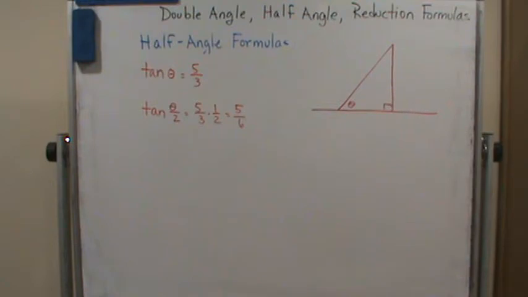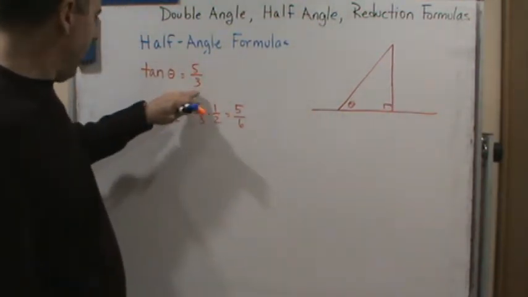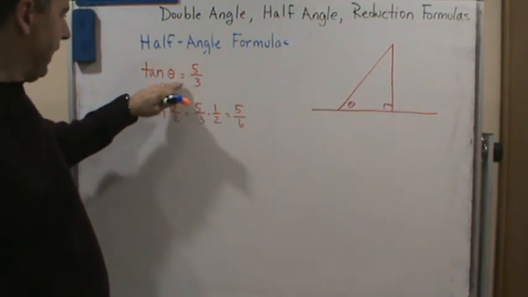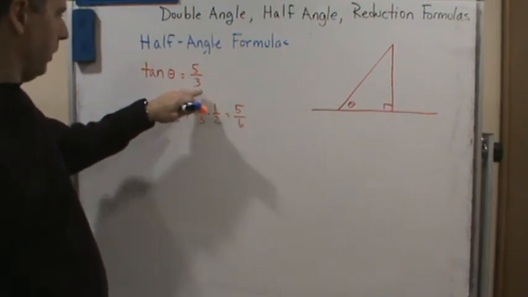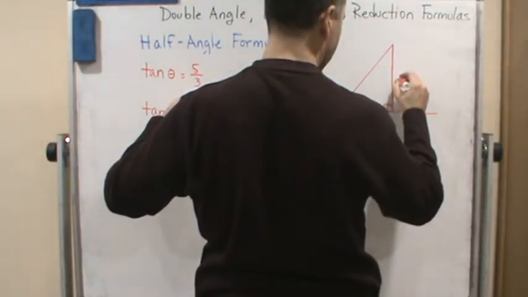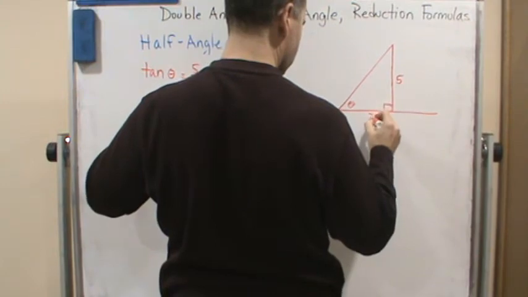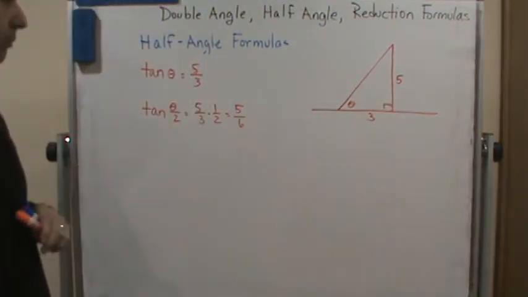That's what we're looking for. Well, first of all, let's fill out this triangle. So tangent theta is 5/3. So that's opposite over adjacent, right, for tangent.